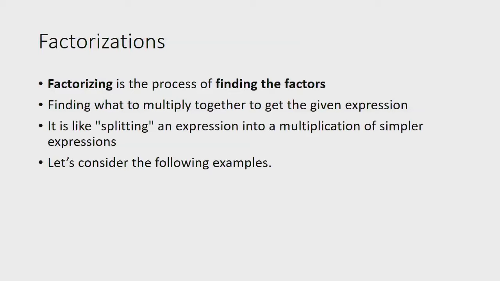So if you are given the expression, then you want the bits that you need to multiply together to give you the given expression. So it's like splitting an expression into a product of simpler expressions. Remember, as I said, in this case, we wrote 6 as a product of its prime factors. Those are the simpler expressions.